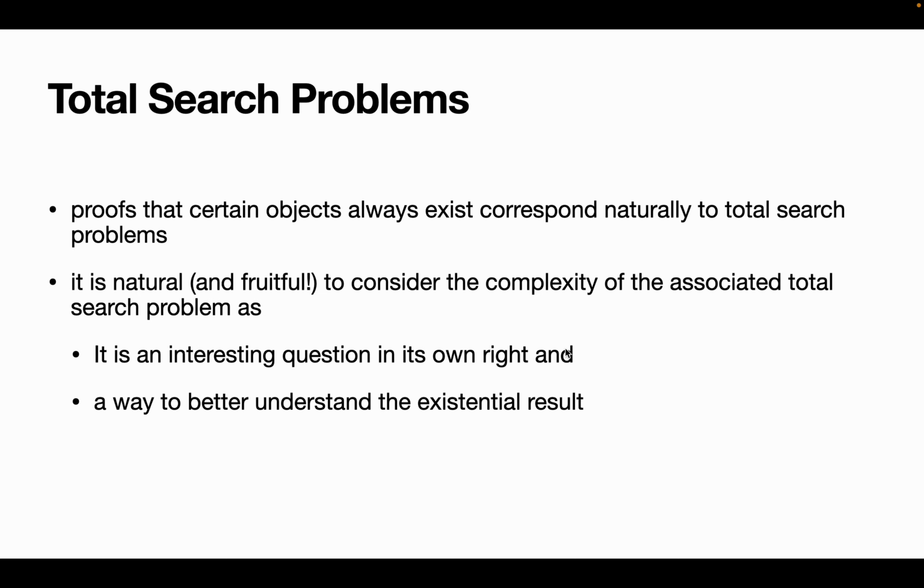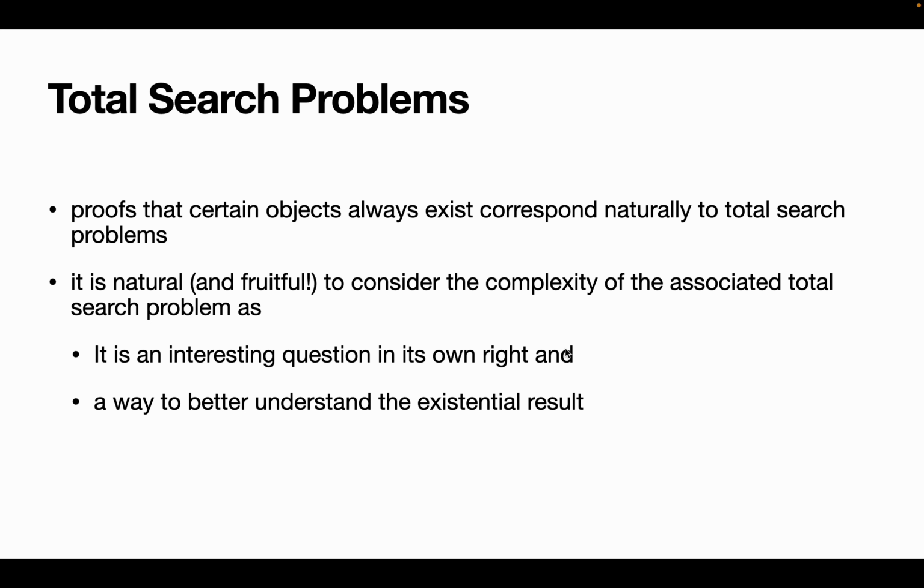There are other such principles, and it's natural and fruitful to consider the complexity of the associated total search problems. It's interesting in its own right, but it also brings these existential proofs, which at first don't seem computational, into the landscape of complexity theory.